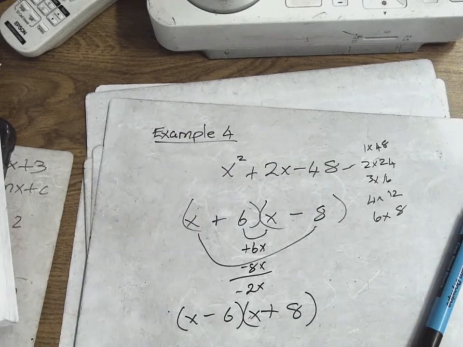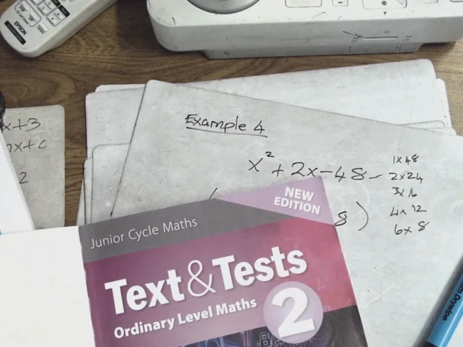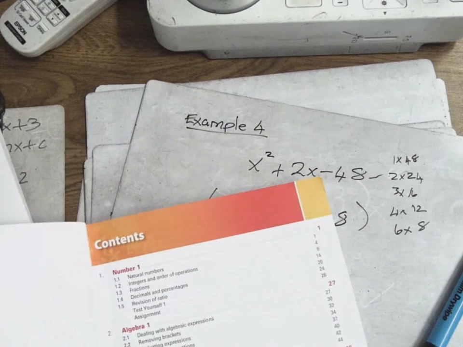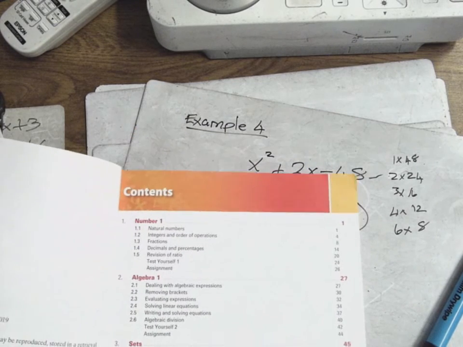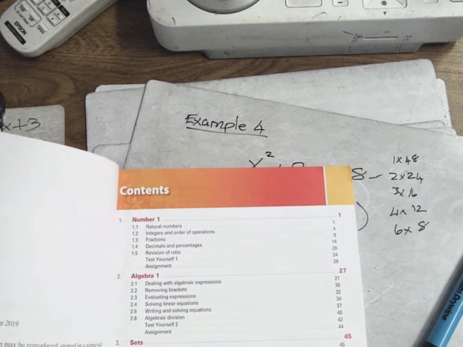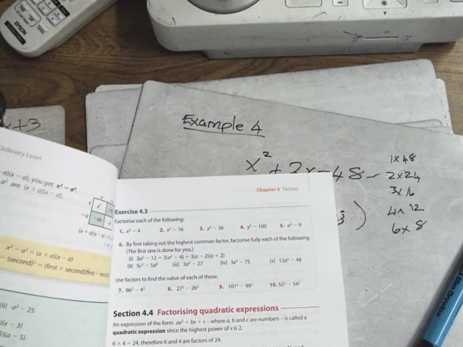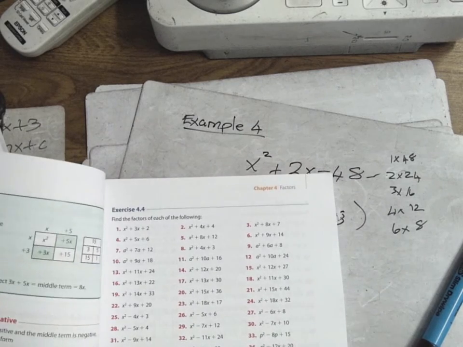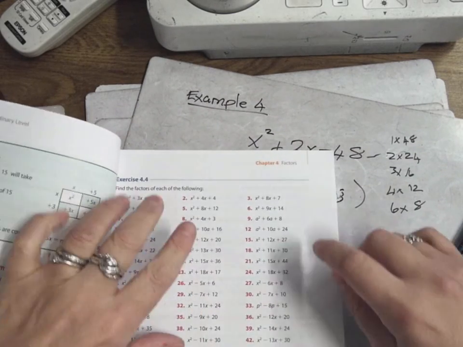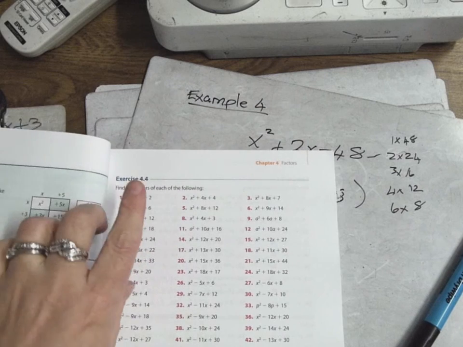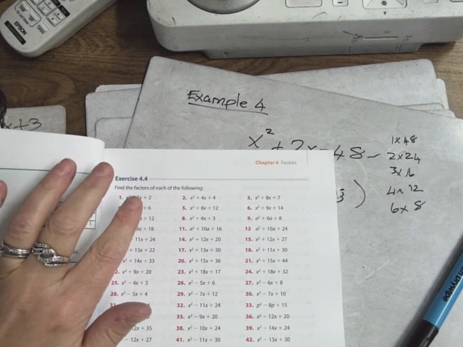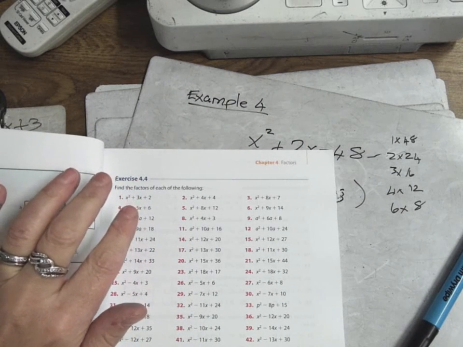Don't be insulted, right? No one's to feel hard done by. Algebra, factorizing. I'm going to put these up in the app. Right, okay, girls, I'm going to ask you to do numbers 1 to 24, which is probably too much.